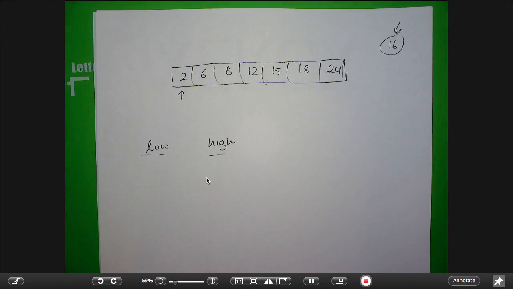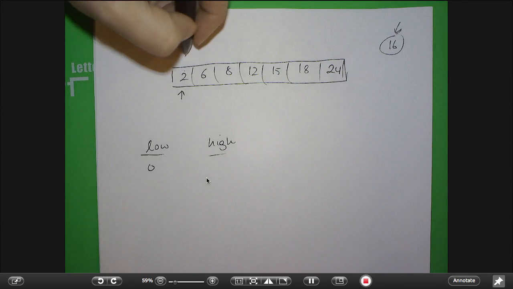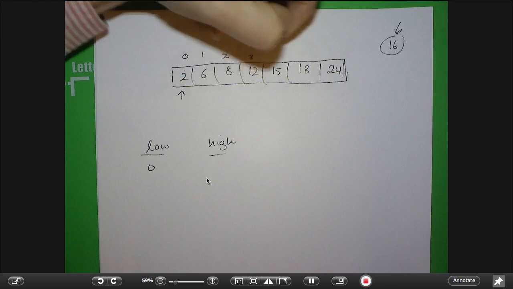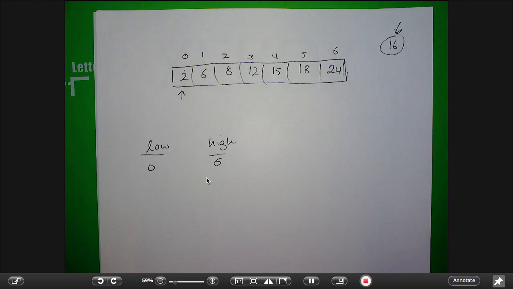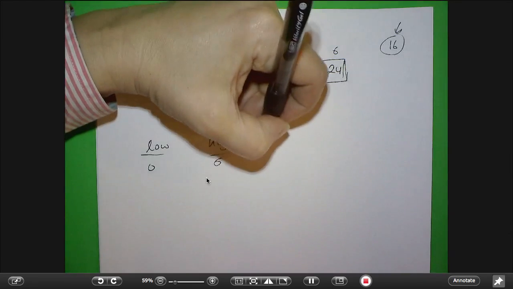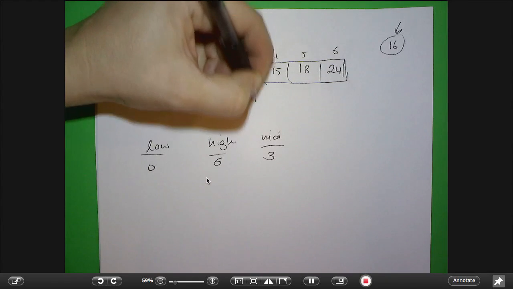The low value is pointing to this one first, index 0. The high value is at the end: 0, 1, 2, 3, 4, 5, 6. So the high value is 6. The middle value is going to be the halfway point between them: 0 plus 6 divided by 2 is 3. Okay? So the middle value is 12.